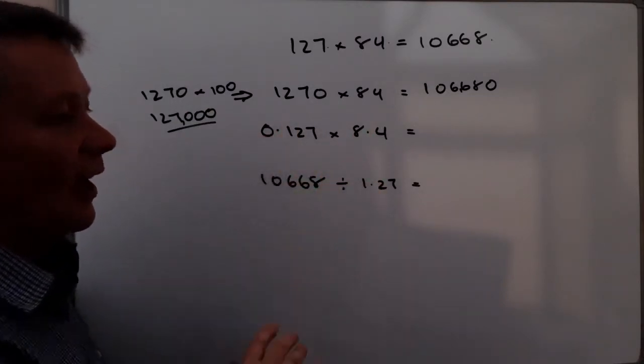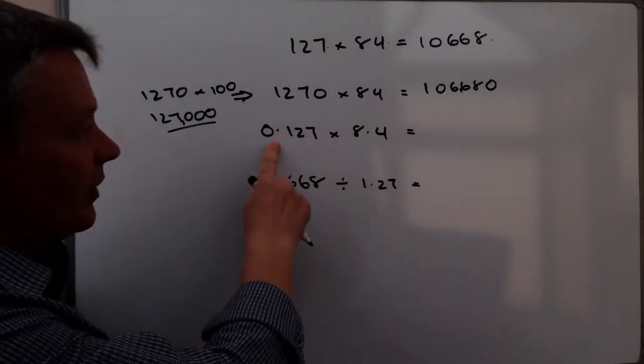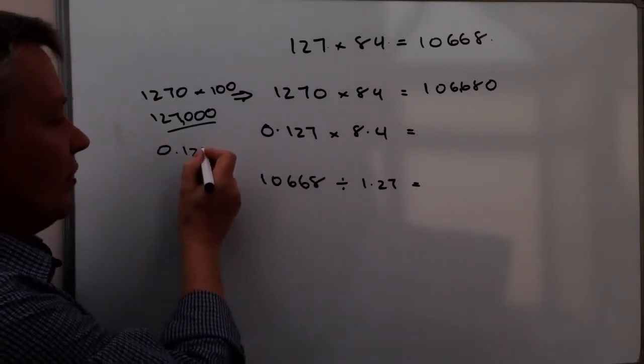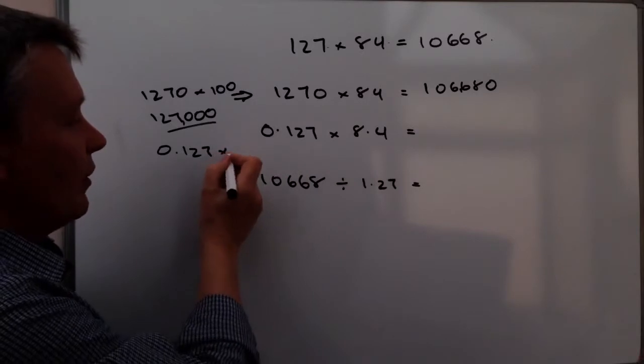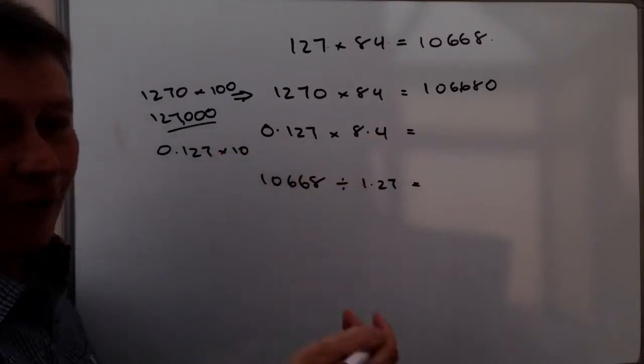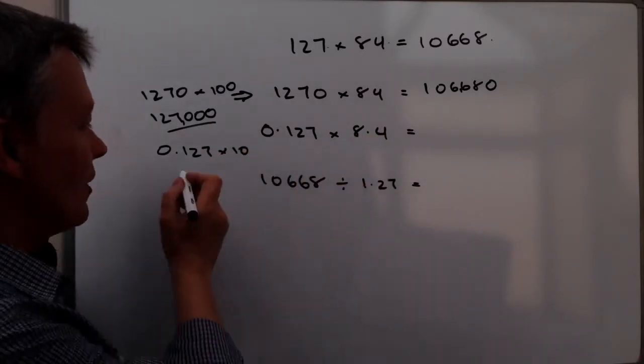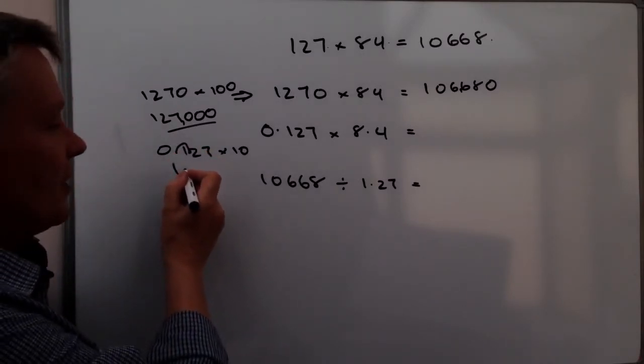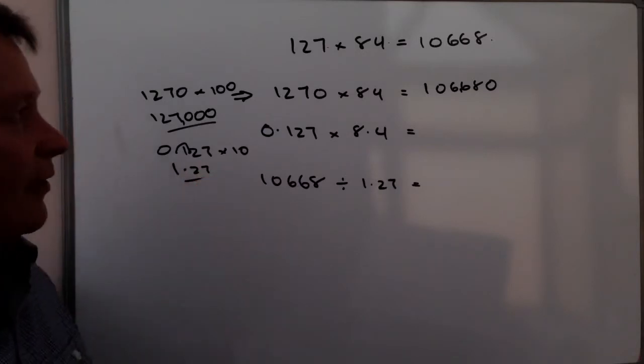And I think if you get into this idea of doing that, it does make the more difficult ones a little bit easier. Because what we've got here is 0.127, and I'm going to multiply it by 10, which is near enough to 8.4. Well, if I multiply it by 10, I'm going to move the decimal point. So I would expect my answer to be about 1.27, roundabout.